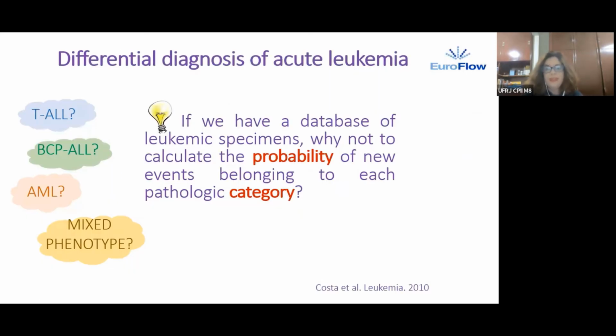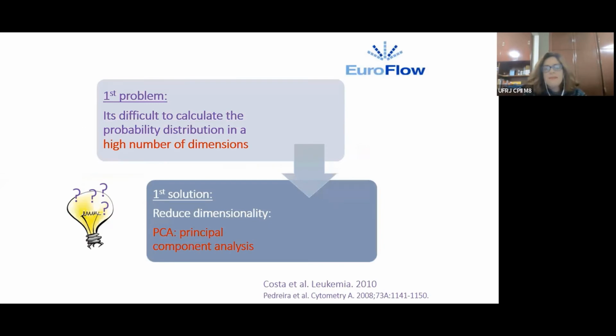So what do we think? If we have a database of leukemic specimens, why not calculate the probability of a new case belonging to a certain pathological category, for instance, T or BCP acute lymphoblastic leukemia, or acute myeloid leukemia, or mixed phenotype.